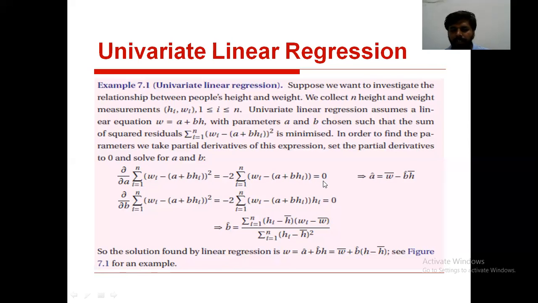And finally, the equation is equated to 0. The derivative, dou by dou A, is calculated for the entire equation. We will get the final result like this. And after calculating the derivative with respect to A and with respect to B, we will get the following result.